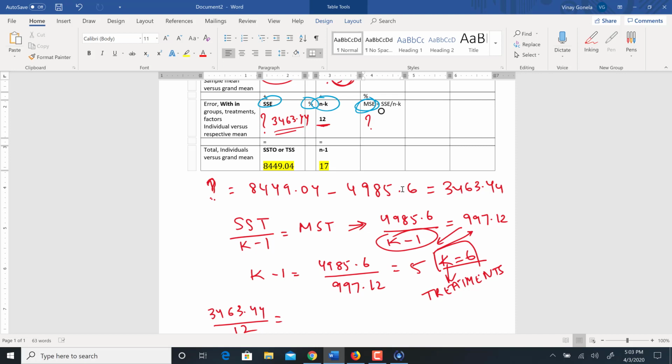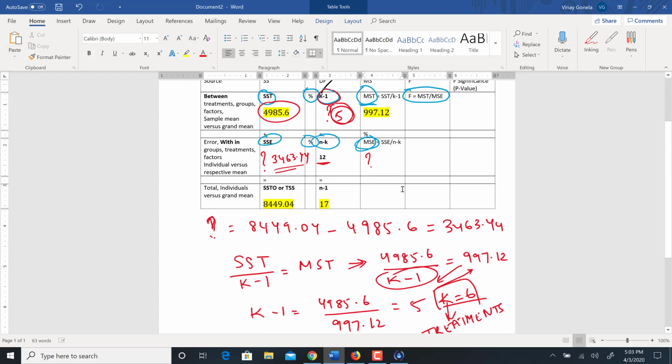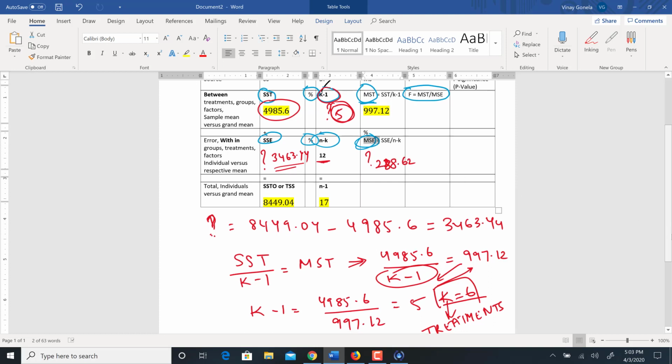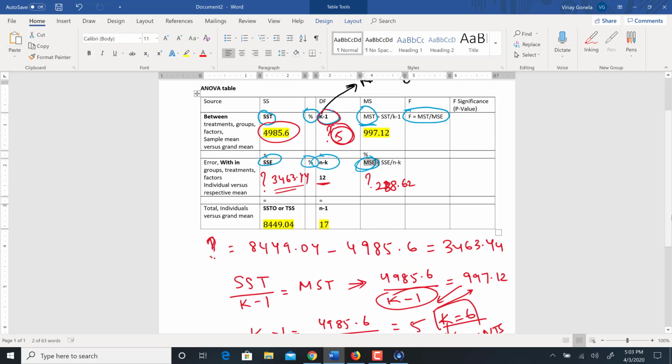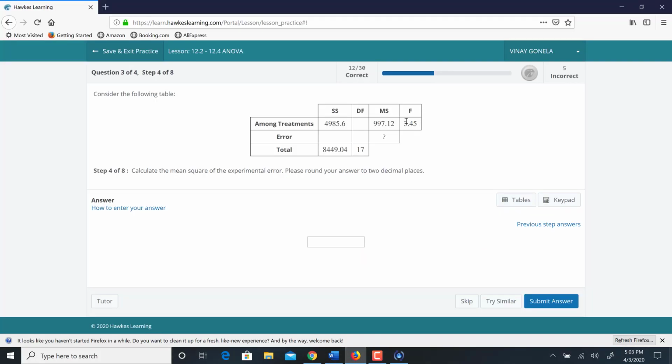So that is 288.62. So this is going to be 288.62. So that's how you will be solving these problems. And then they gave you the f value, so the f value is 3.45.